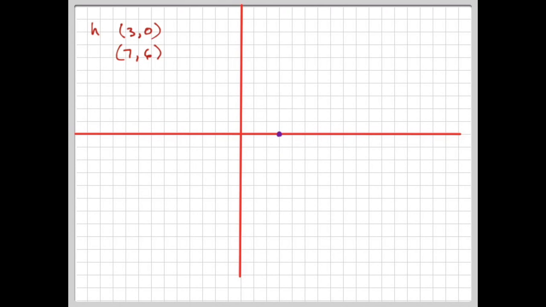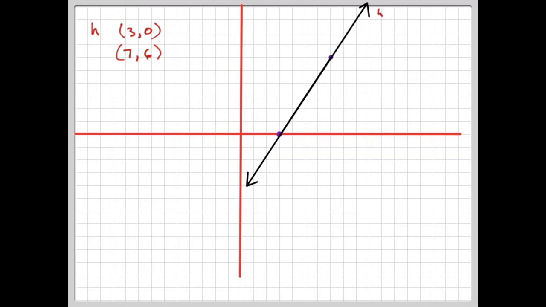And where is 7, 6? 7 to the right, 6 up. Okay. So there's line H. Everybody okay with that?